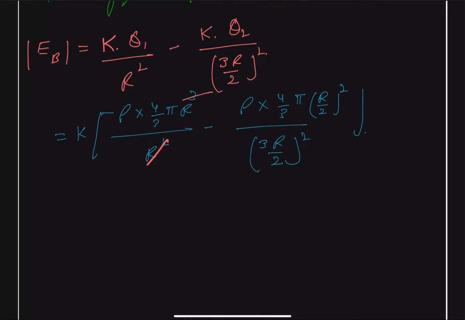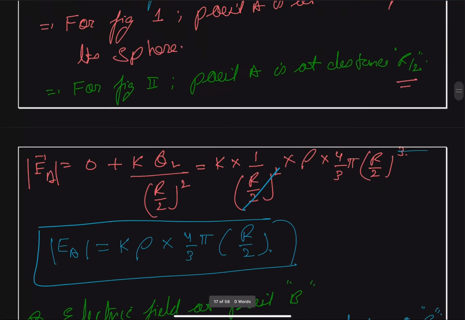So from the first part we can write K rho 4 by 3 pi, and inside we are left with r minus r square by 4 multiplied by 4 divided by 9 r square. One second, r cube, my mistake.